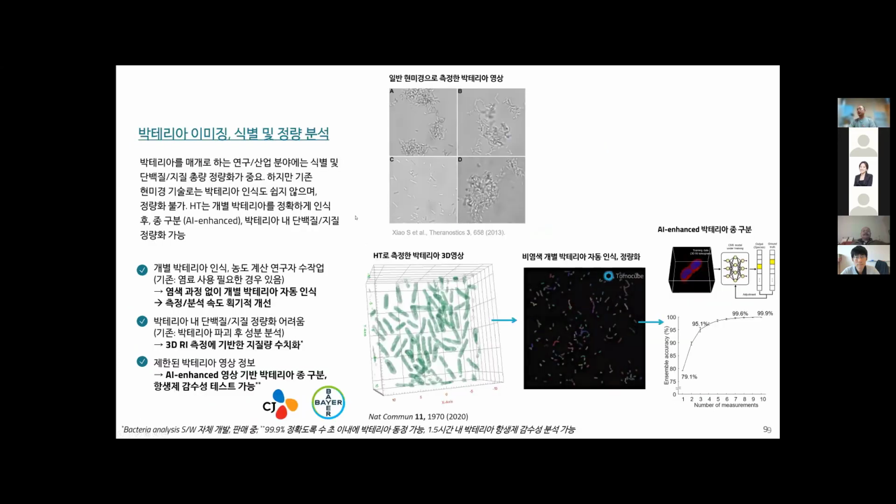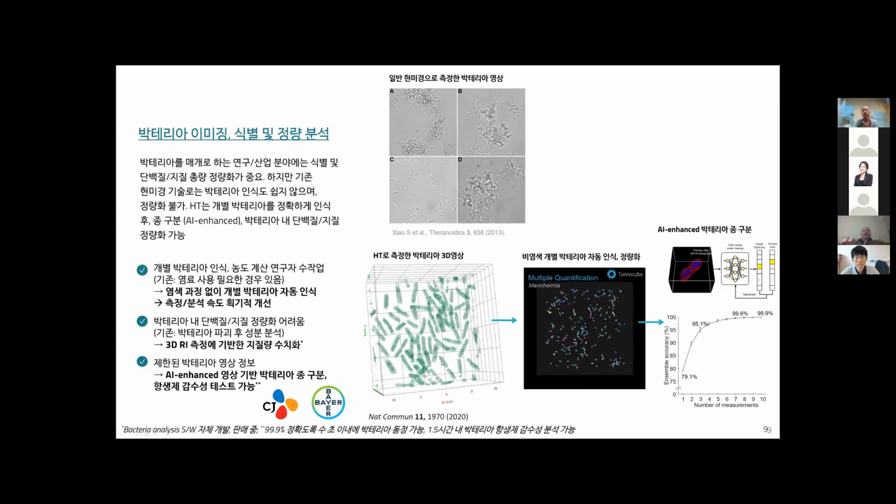Since we have very high resolution and the advantage of using the label-free refractive index parameter, it can also be used for the study of microbiology. If you use a conventional bright field microscope for the study of bacteria, they all look almost alike because of their similar size and shape. You are only able to tell the presence of the bacterium, but it is sometimes difficult to tell which one is dead and which is the live bacteria.